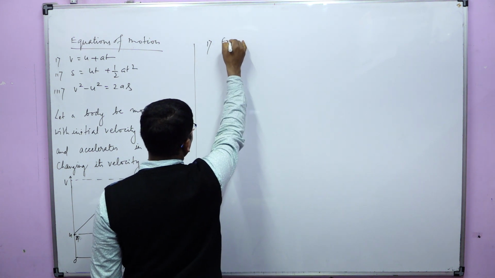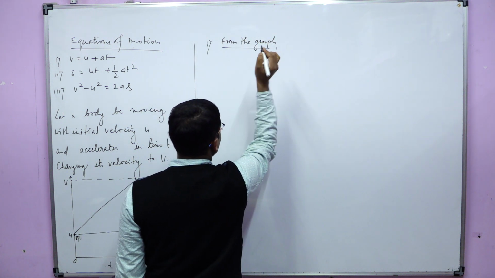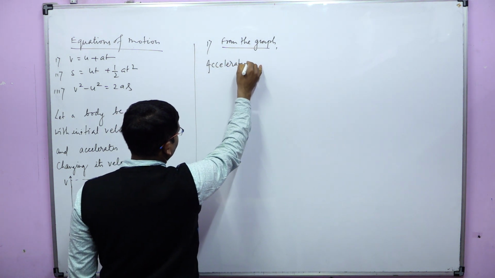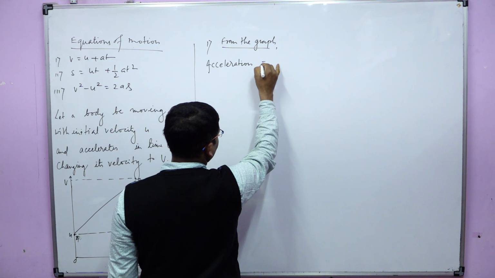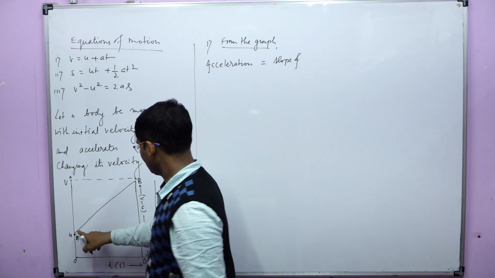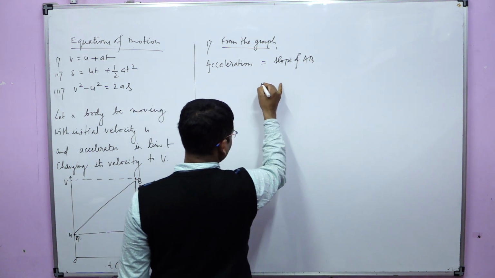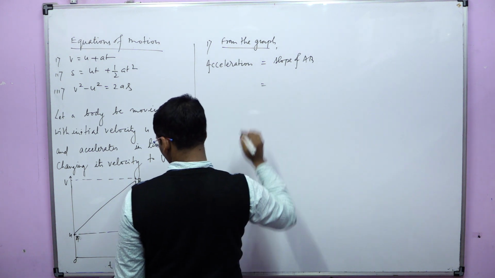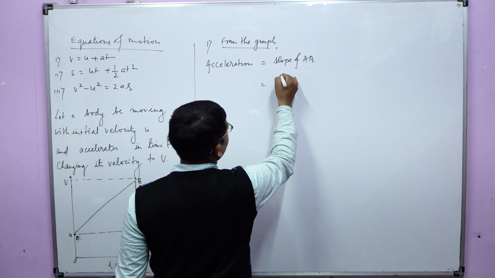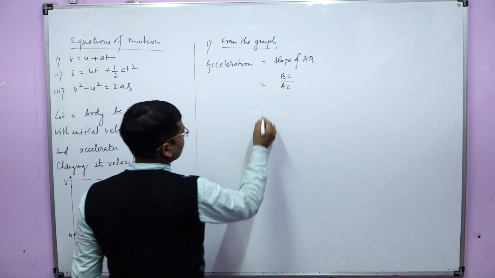From the graph you can understand that acceleration can be calculated from the slope of AB. The formula for slope is change in y-axis, that is BC by AC.